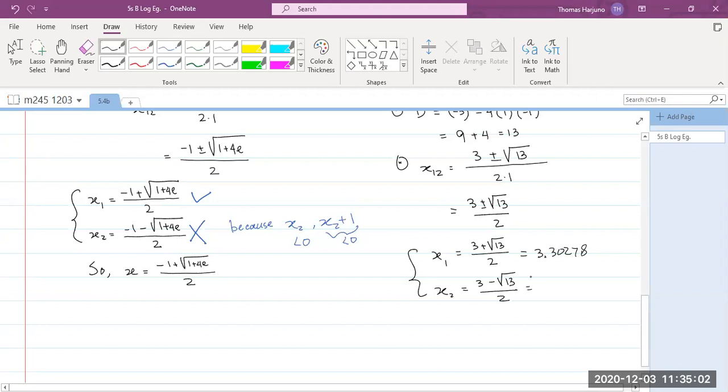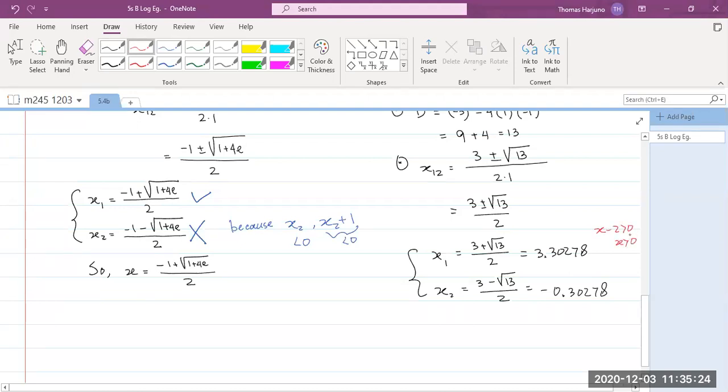And then the second one, 3 minus square root of 13, whatever the difference, divided by 2, I get negative 0.30278.